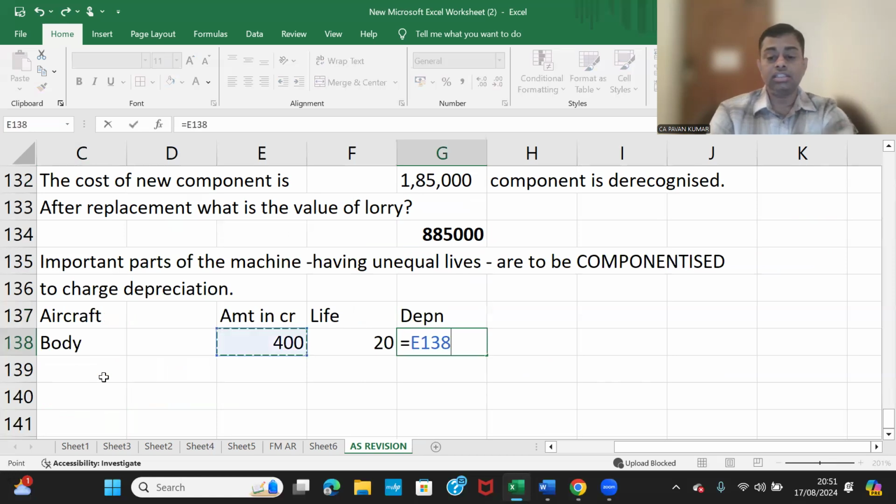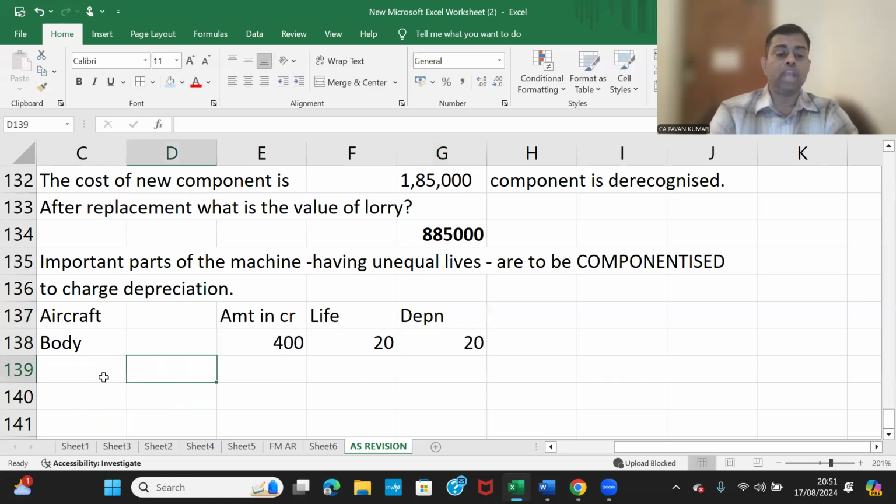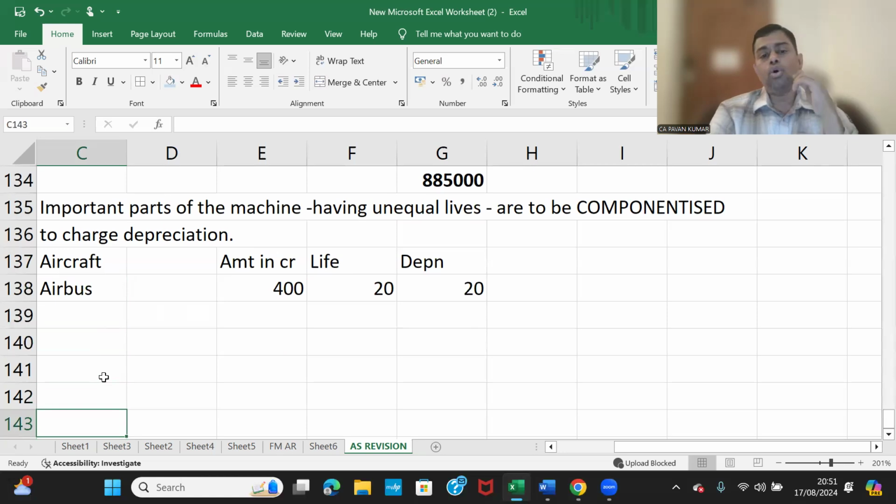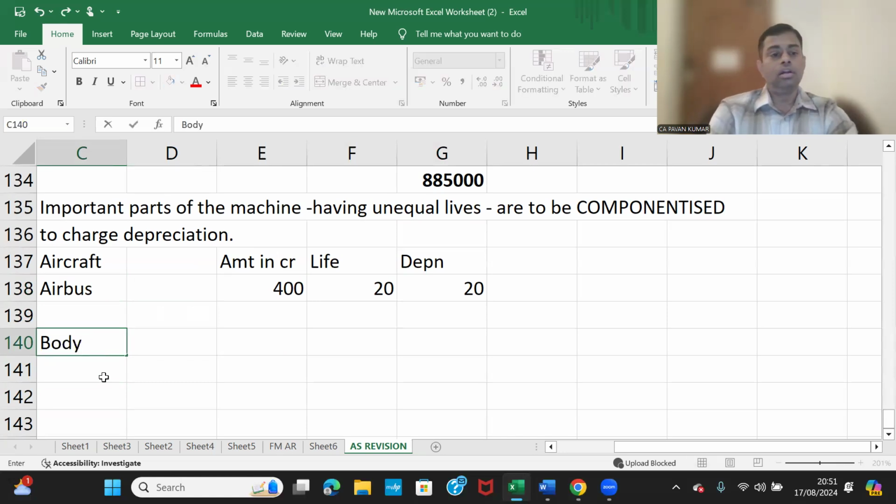Obviously, it is this divided by this. Or say this is an Airbus. In the old days, this is how they used to charge depreciation. But today Accounting Standard 10 says this is wrong. So now imagine interiors.